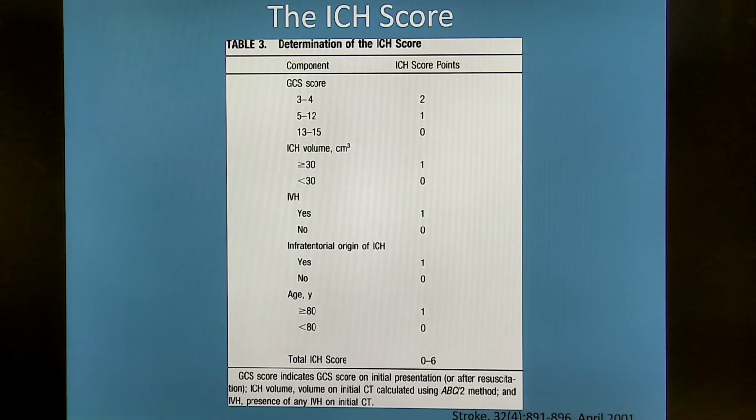Points are assigned based upon those elements. The GCS, during derivation of this scoring system, had the greatest impact, and as such, can achieve up to 2 points.